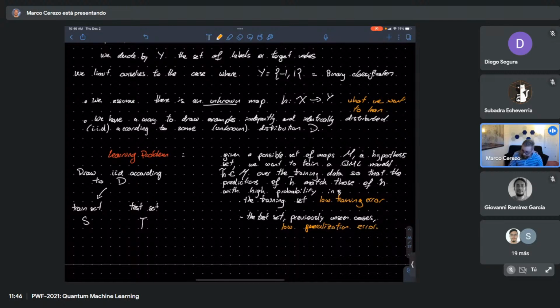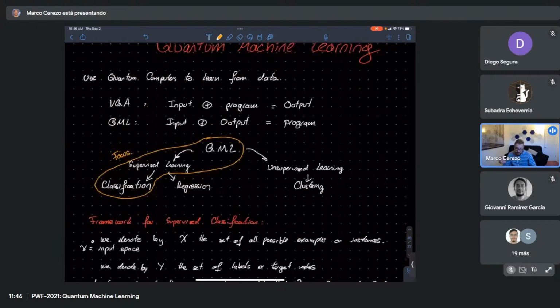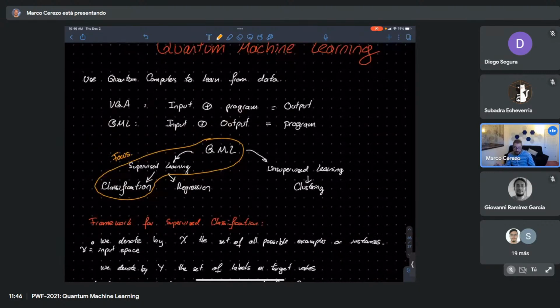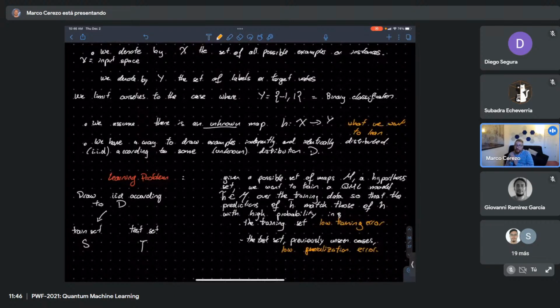So a key aspect of the training in quantum machine learning is that whenever we're working with variational quantum algorithms, we just wanted to get low training error because that was our output, right? In quantum machine learning, the problem is more complex, and we don't just want low training error because already our model was trained with photos that someone already labeled, right? So that's not exactly what we want to use it for. That's not as useful. What we want is to train our model so that it performs well on previously unseen cases, so that now we have this way of doing the classification for us without us having to label it beforehand, right?